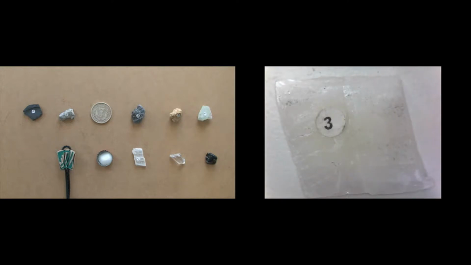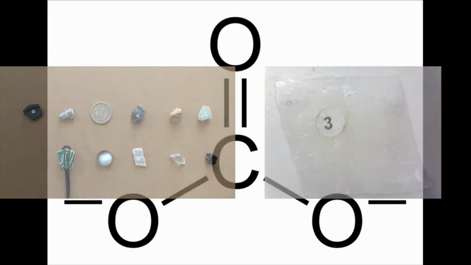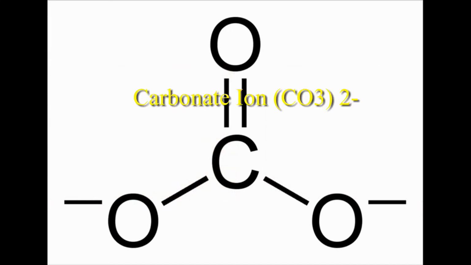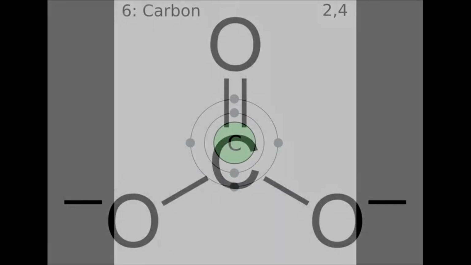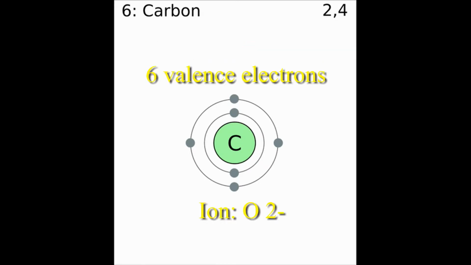So I think I have a picture here of a carbonate, and basically this is what carbonate looks like. This is like a 2-dimensional drawing of it. So there's a carbon in the middle, and this is surrounded by 3 oxygens. And remember how this works is if you look at the carbon, it has 4 valence electrons, and if we go to oxygen here, it has 6 valence electrons.